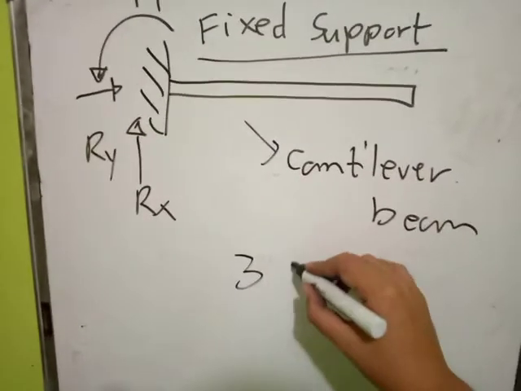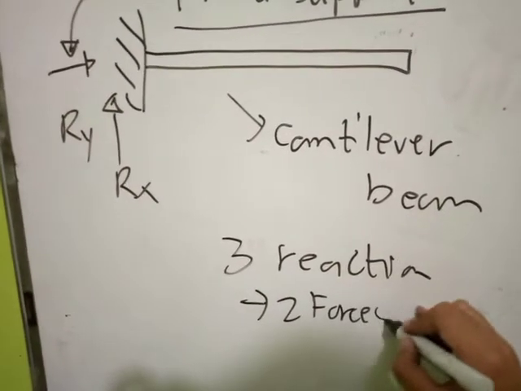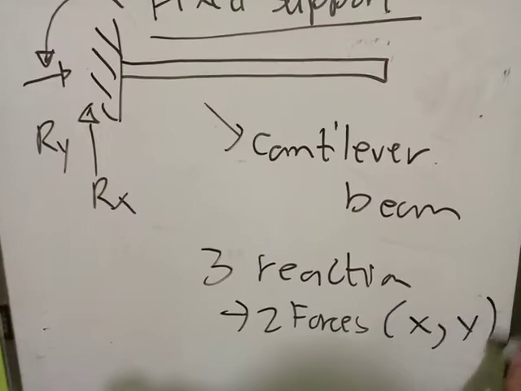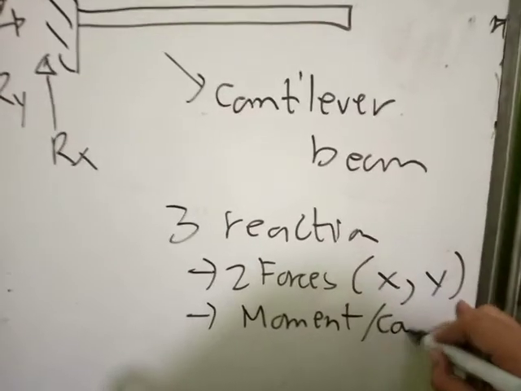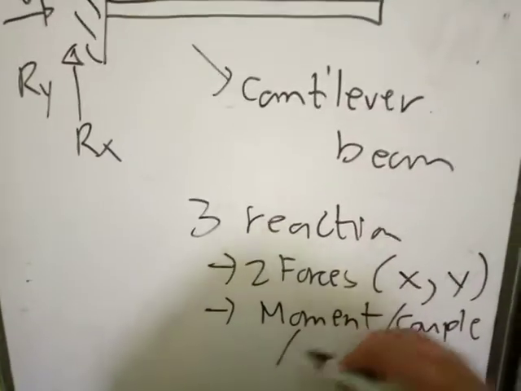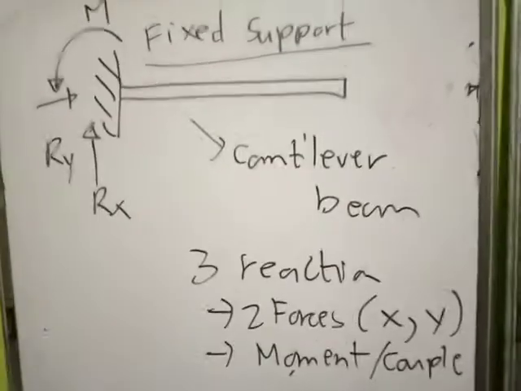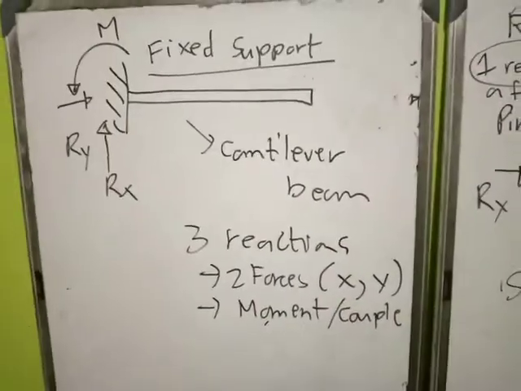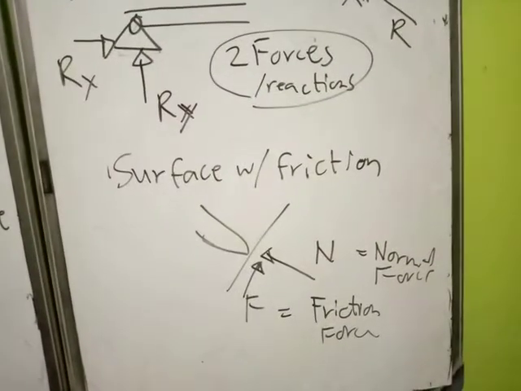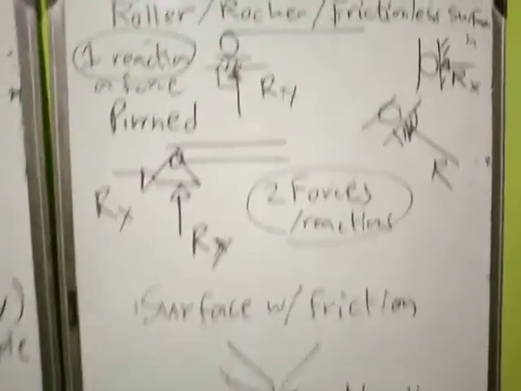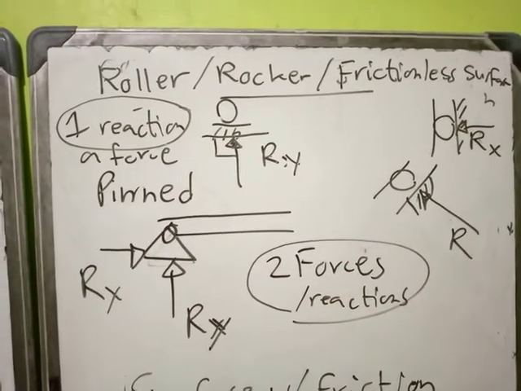So you have three reactions. We have two forces, one in X and one in Y, and a moment, also called a couple. Moment or couple, so that is three reactions for a fixed support. Unlike the surface with friction, which has two, and the pin, which also has two, the roller, rocker and frictionless surface only have a perpendicular force, which is one reaction.